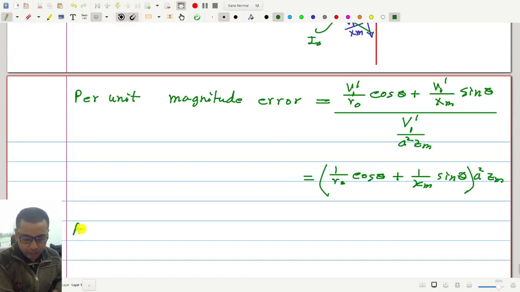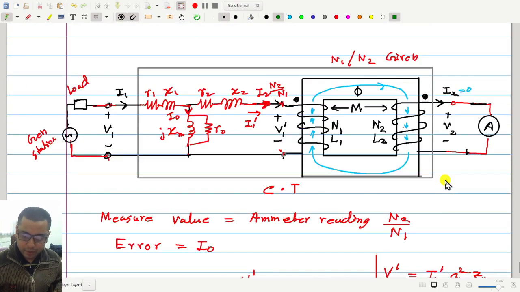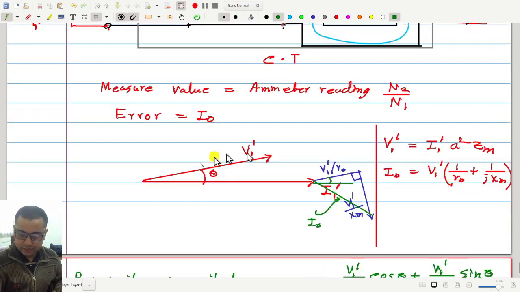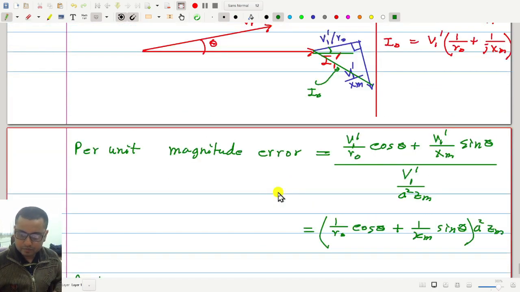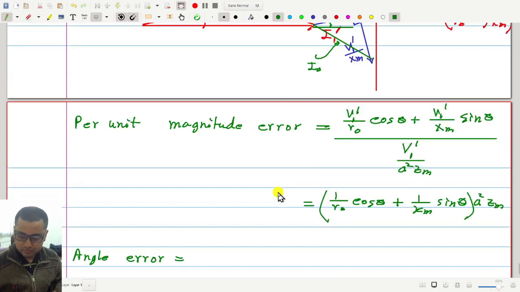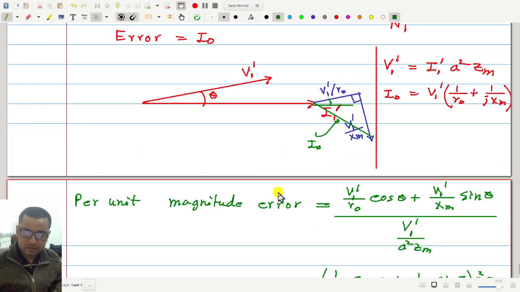And angle error, how much? So are you with me up to this? Any doubt? Okay, so tell me about the angle error. So this is the phasor diagram. Let me copy it.